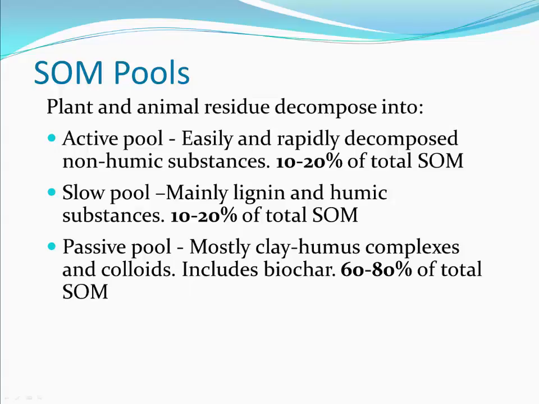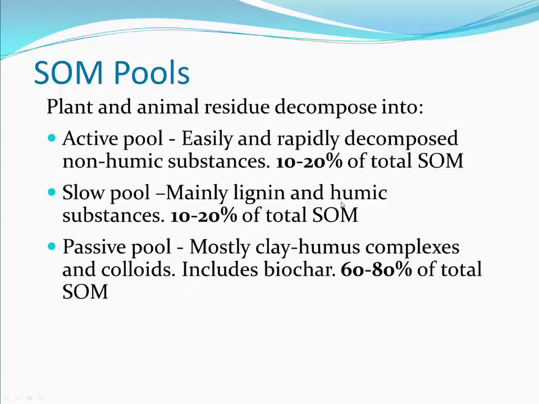Well, that leads us to the discussion of pools, and that just means fraction. We have three fractions: the active pool, the slow pool, and the passive pool. So this is once we get into the humus fraction. Then how long does it last? Well, the active pool is the material that's broken down really rapidly, 10 to 20% of the total organic matter. The slow pool is broken down a little bit more slowly.